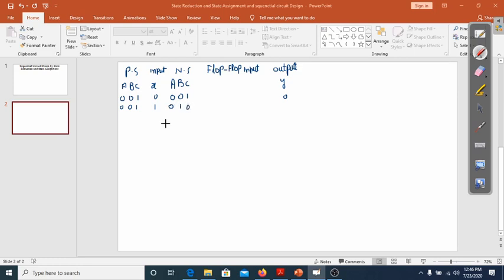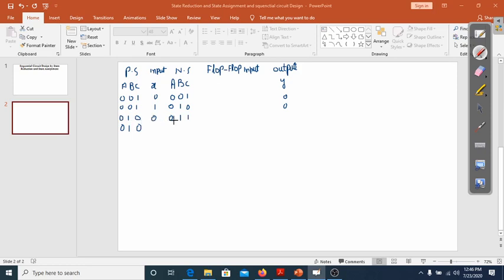In this case, the output was again 0. Present state is 0 1 0, input is 0.